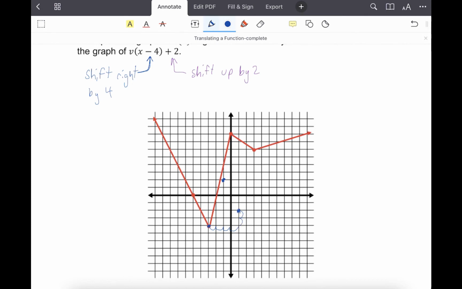Point right there. This is the next point up here. To the right by 4: 1, 2, 3, 4, and up 1, 2.